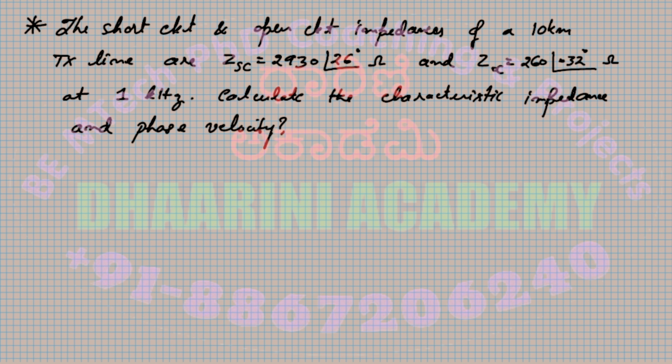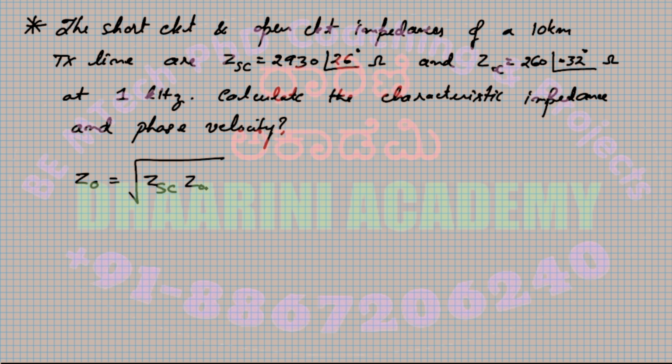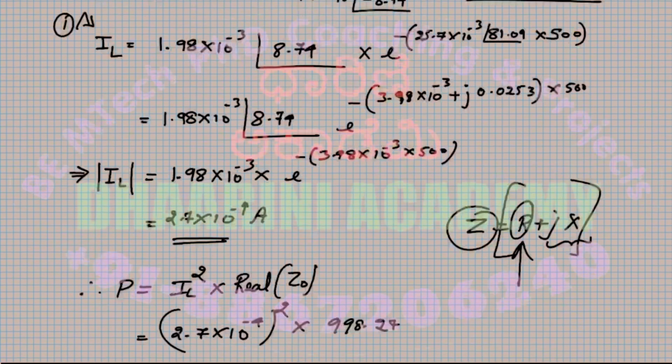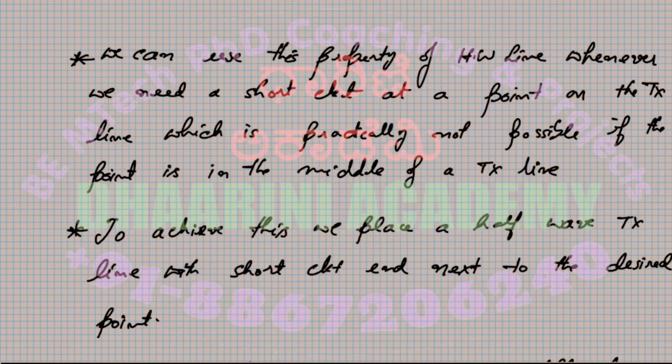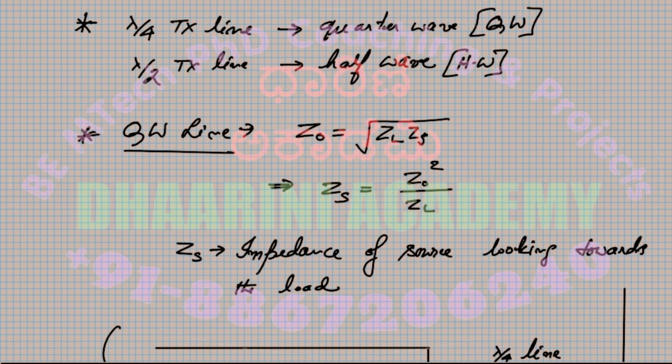There is one equation. After that part, we modified it to get this equation. Z naught is equal to the root of ZSC, short circuit, into ZOC, right?